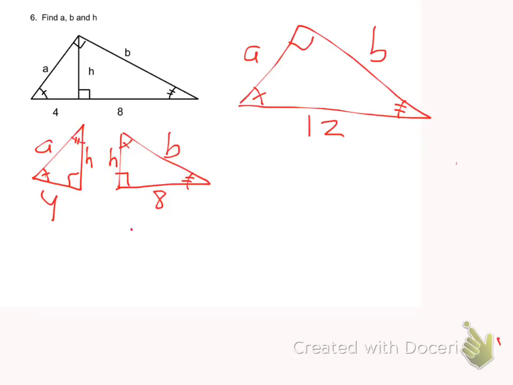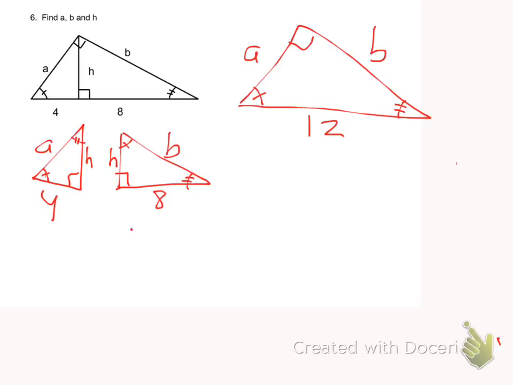The small triangle to the large triangle have the same angles. The medium triangle to the large triangle have the same angles. And the small triangle to the medium triangle have the same angles. So all three are similar to each other. Are you seeing that? So actually, we can set up ratios between the small and the large, the medium and the large, and the small and the medium together.